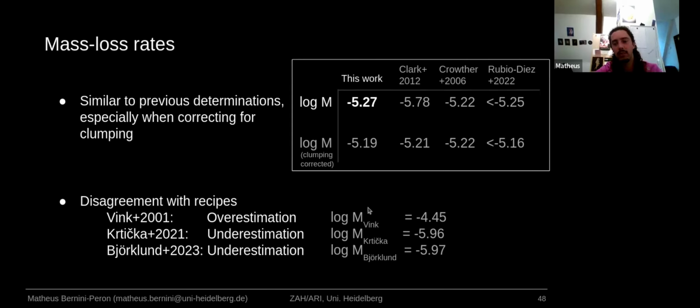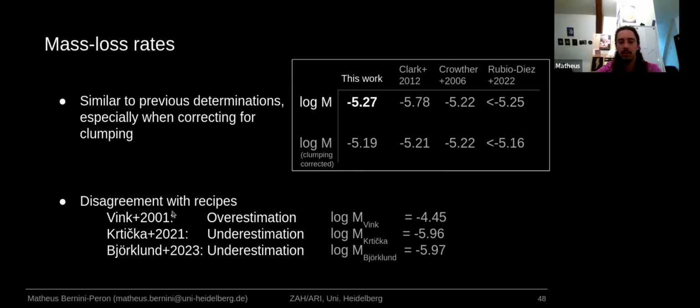When we put our stellar properties into the Vink rate, we obtain a much higher mass loss rate than what our models predict and validated by the spectral fits.